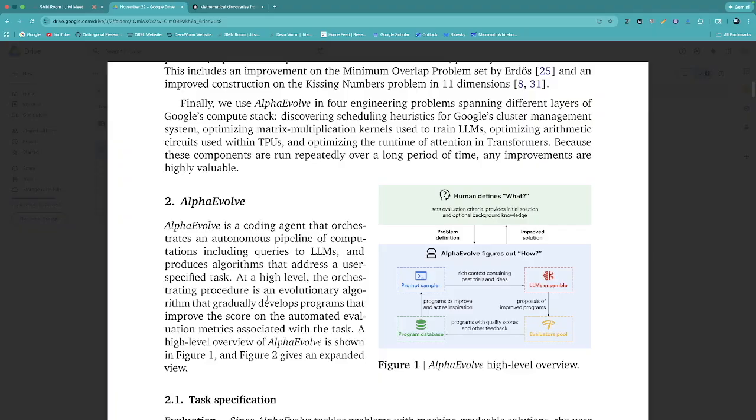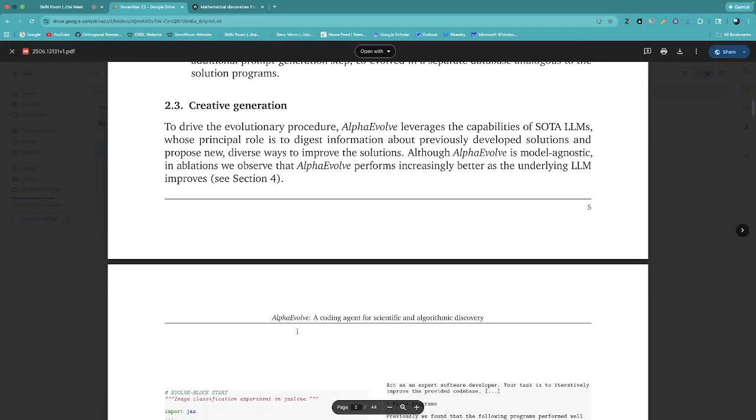This is interesting. They use an evolutionary algorithm in this orchestrating procedure. And that evolutionary algorithm gradually develops programs that improve the score on the automated evaluation metrics associated with the task. Actually, why don't we go through creative generation? So to drive the evolutionary procedure, AlphaEvolve leverages the capabilities of state-of-the-art large language models.